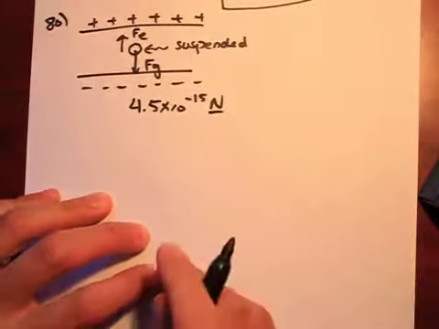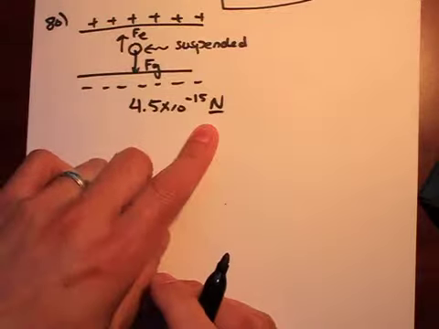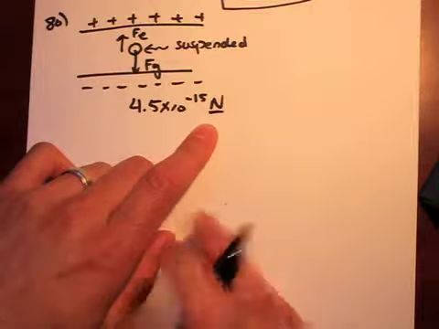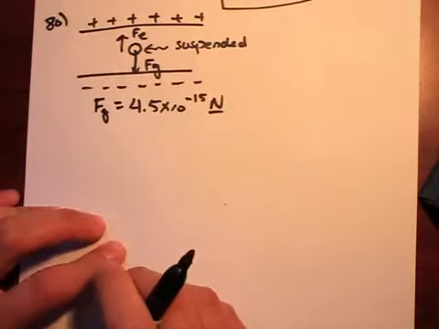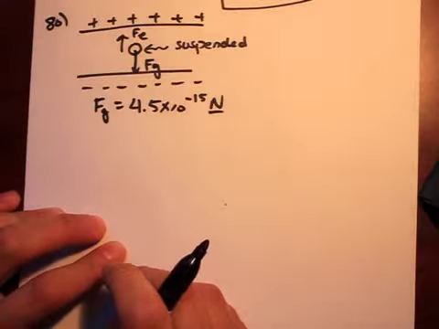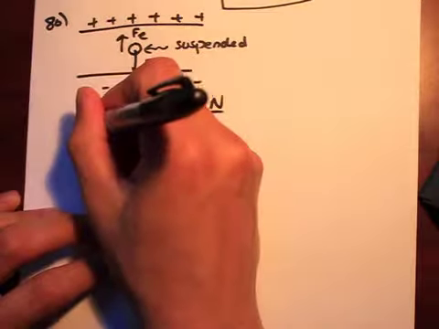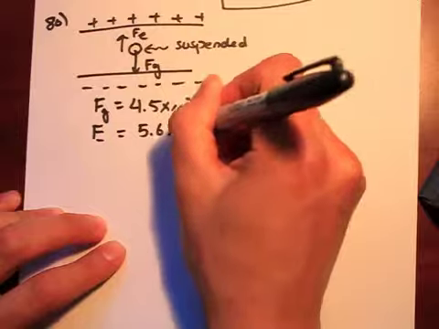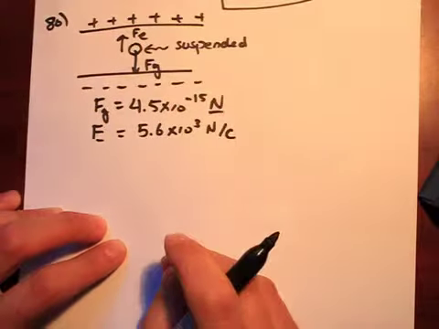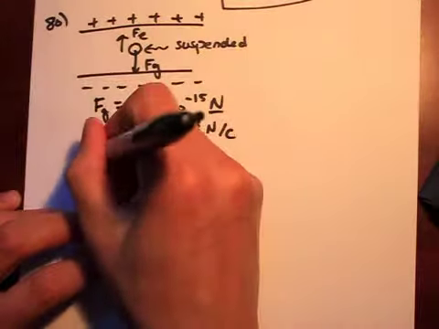So this is already given to you in newtons. It's not really the mass, it's already multiplied by the gravity. So this should automatically tell you that it's Fg. The oil is suspended in the electric field and it has a strength of 5.6 times 10 to the 3 newtons per coulomb. So what is the charge on the drop?